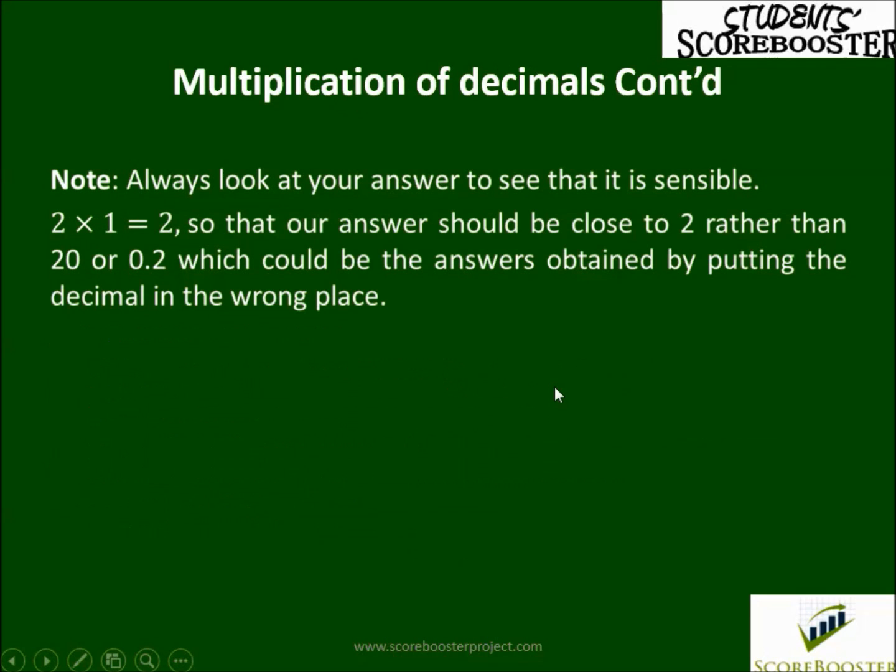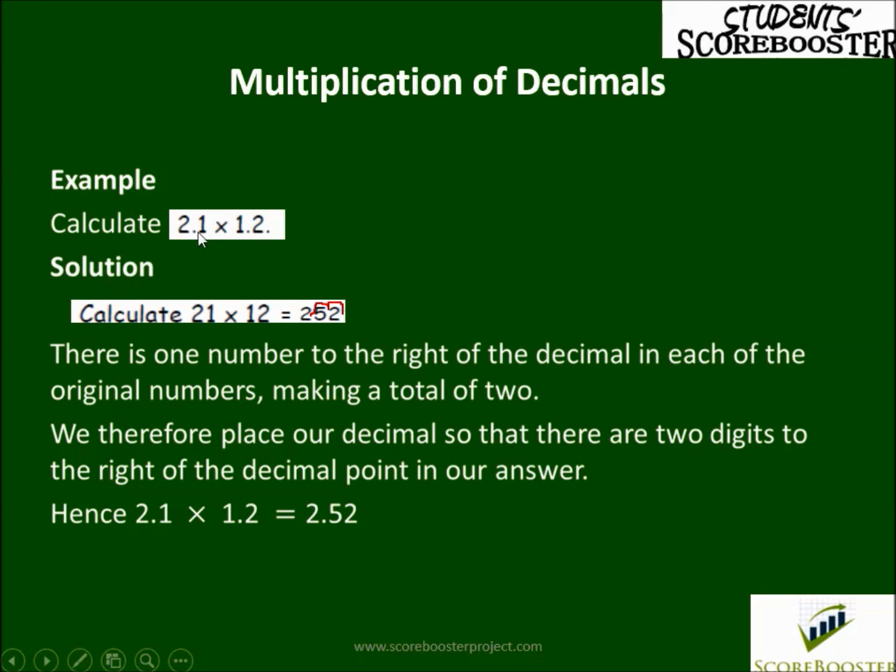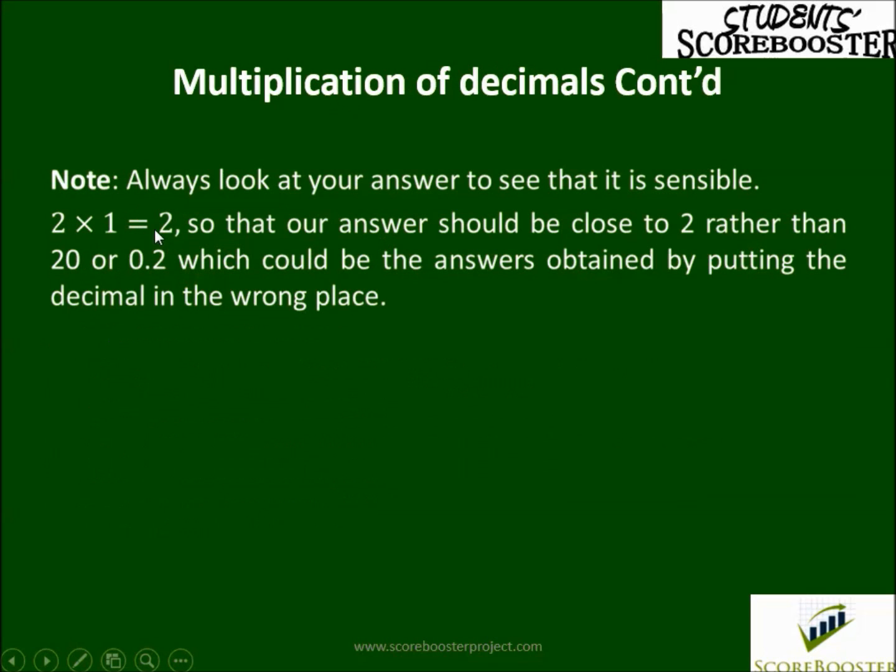So you have to know this. Always look at your answer to see that it's sensible. For instance, 2.1 is very close to 2 and 1.2 is very close to 1. So 2 times 1 is 2. That means your answer should be around 2. If you arrive at 20 or 0.2, that means you've made some mistakes.